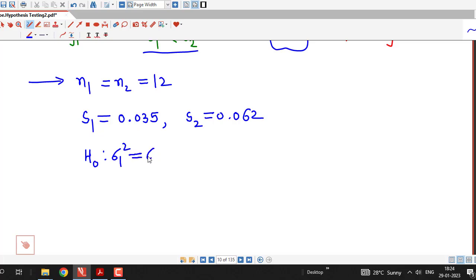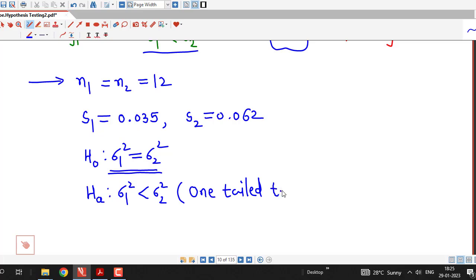Null hypothesis is to check whether two population variances are equal, or we can say that the silver plating done by company 1 and company 2 have the same variability, against the alternative hypothesis that there is less variability in the silver plating done by company 1 than that done by company 2, and because we have a less than sign, this is going to be a one-tailed or left-tailed hypothesis test.